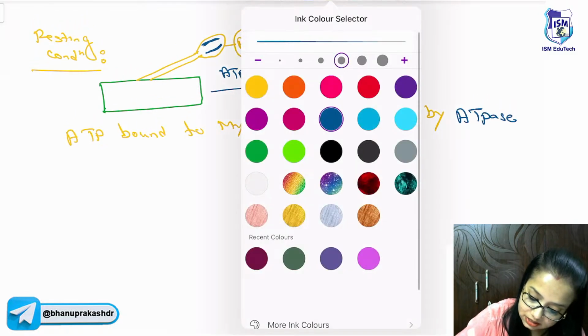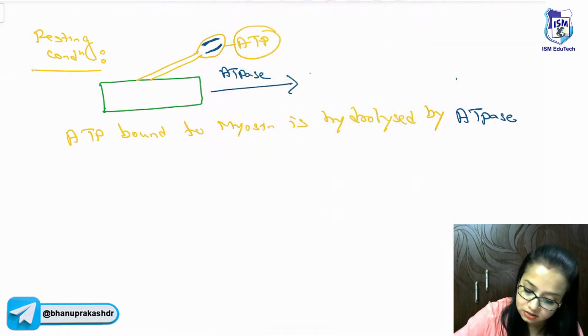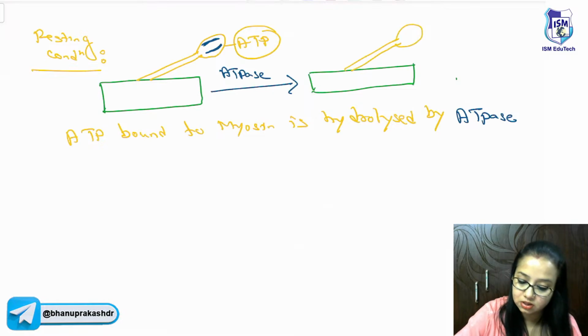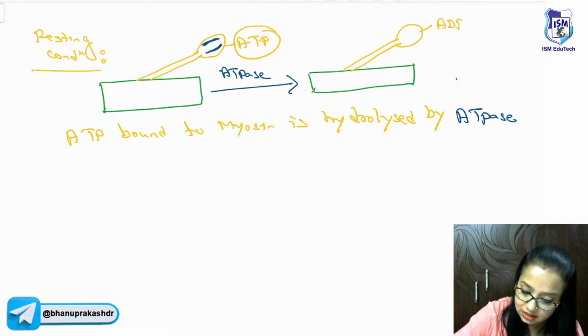Once it is hydrolyzed, obviously the ATP molecule will break into ADP and IP.